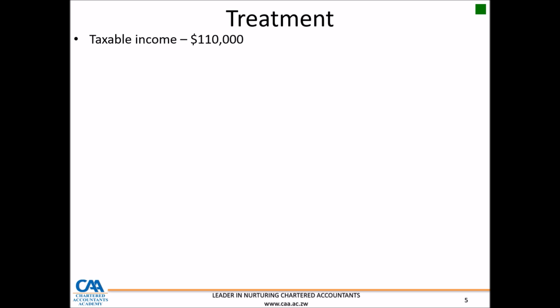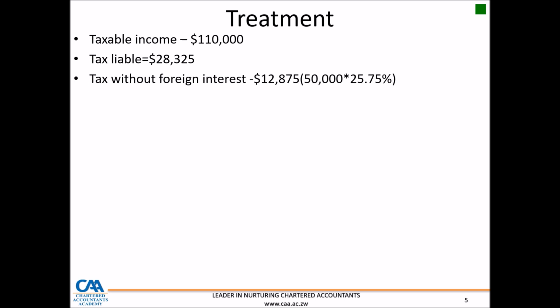So applying the normal tax rate to this 110,000 gives us a tax liability of 28,325. Now we need to relieve ourselves from this based on our DTRs. If we look at the amount of tax we need to pay without foreign interest, the only amount we're earning is 50,000, because that's the amount we earn from a source within Zimbabwe, and is taxed.